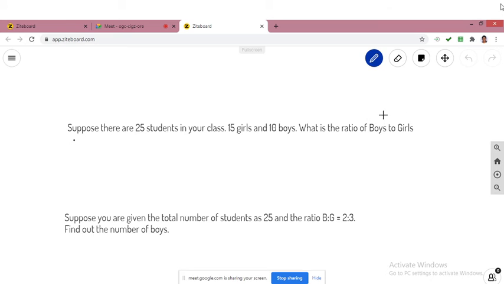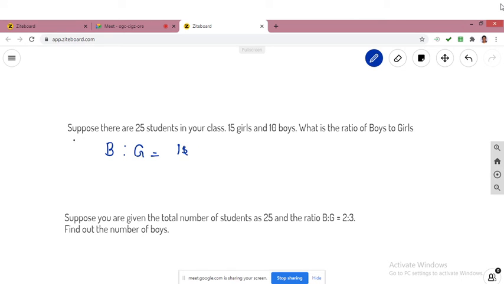Now can you tell me the ratio of boys to girls? 15:10, ma'am. Yeah. So I will represent boys with the letter B and girls with the letter G. So B is to G is equal to 10 is to 15, ma'am.